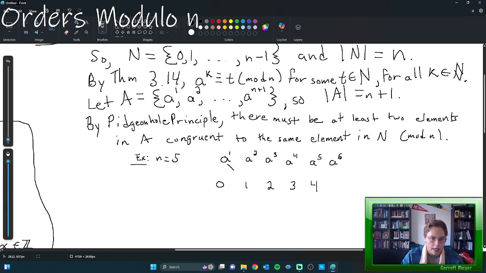Like say you wanted to put a to the 1 here, and a to the 2 here, and a to the 3 here, and a to the 5 here. And then you can put a to the 4 there. A to the 6 has to be congruent to one of these elements in N. So no matter where you put it, one of these elements in N is going to have at least 2 elements in A that are congruent to it. So you have to put it in one of these spots.